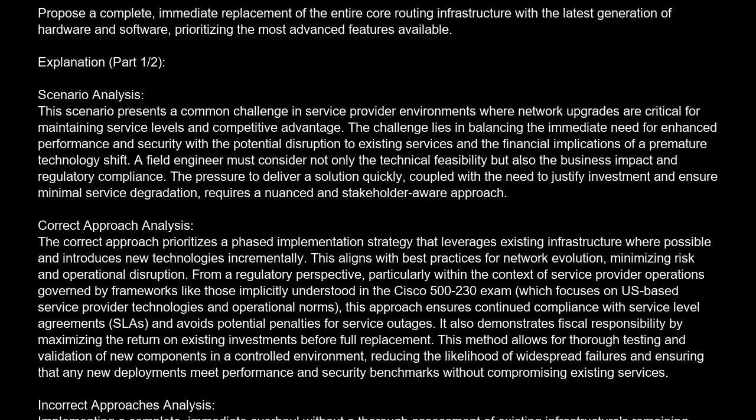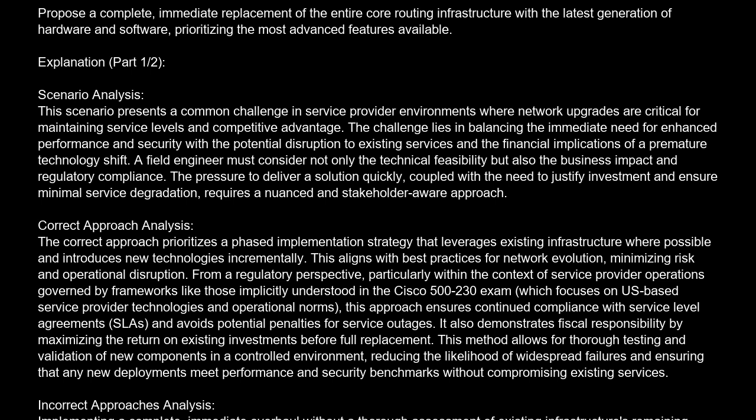It also demonstrates fiscal responsibility by maximizing the return on existing investments before full replacement. This method allows for thorough testing and validation of new components in a controlled environment, reducing the likelihood of widespread failures, and ensuring that any new deployments meet performance and security benchmarks without compromising existing services.